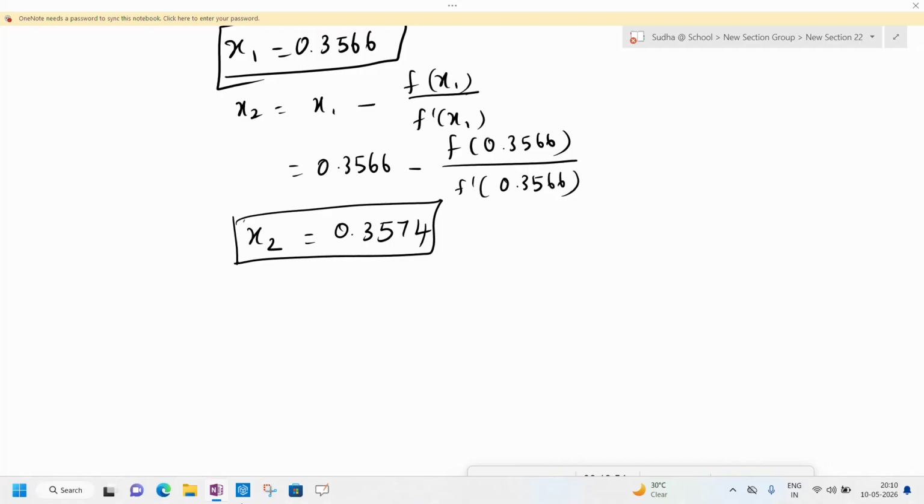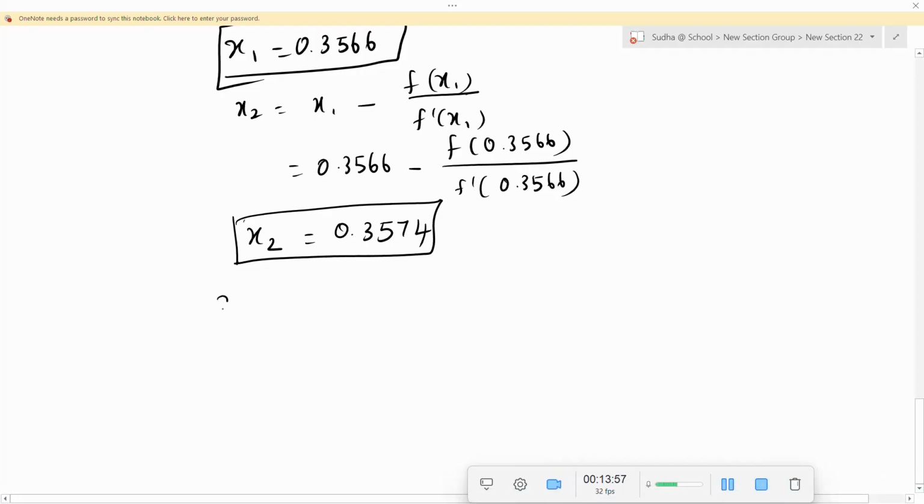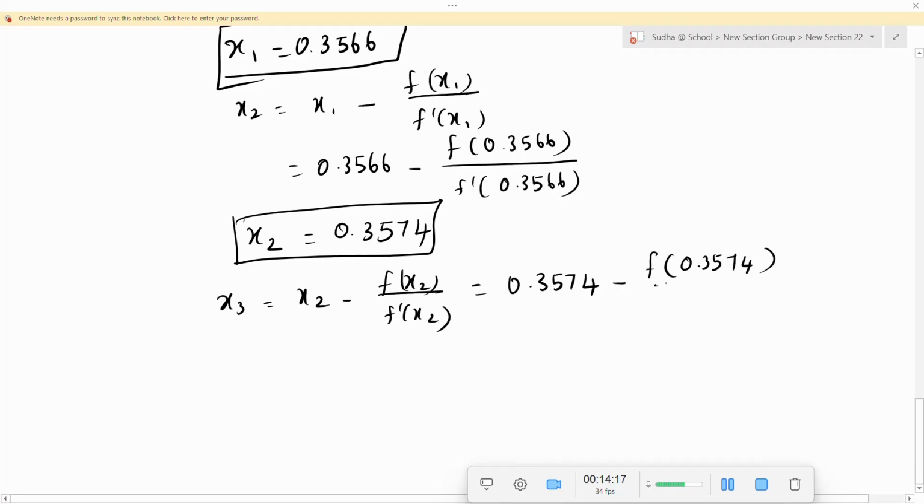Next, to find out x3. So x3 equal to x2 minus f of x2 divided by f dash of x2. So x2 value 0.3574 minus f of 0.3574. In the already given function f of x, instead of x, you have to substitute 0.3574, and in the denominator f dash of x2 value 0.3574.